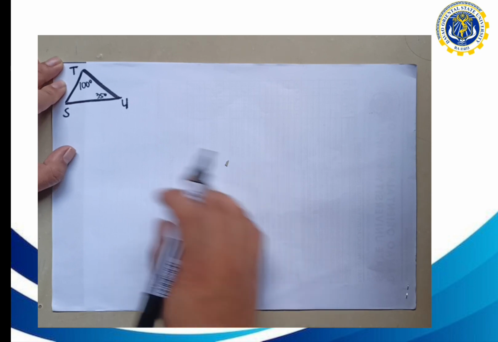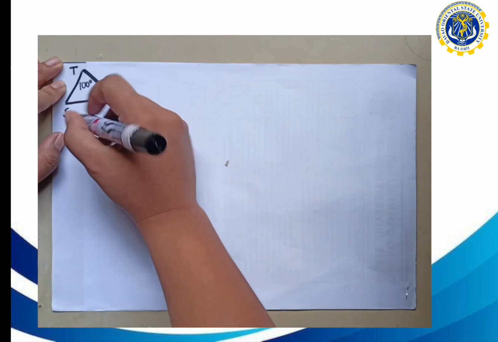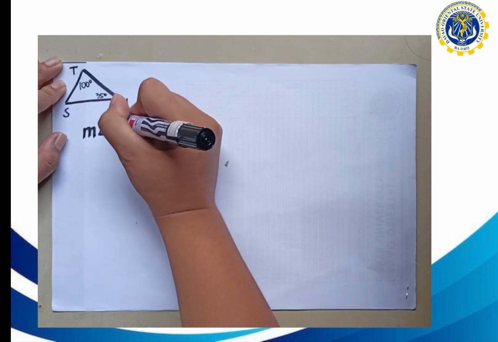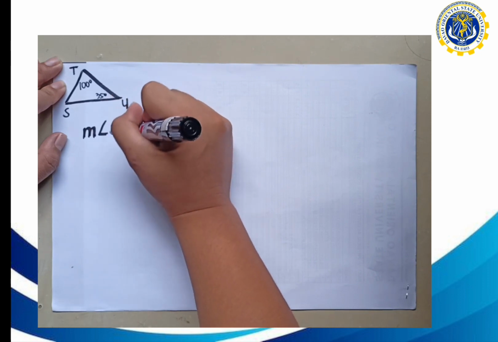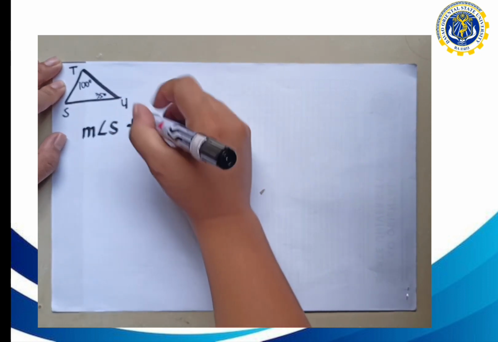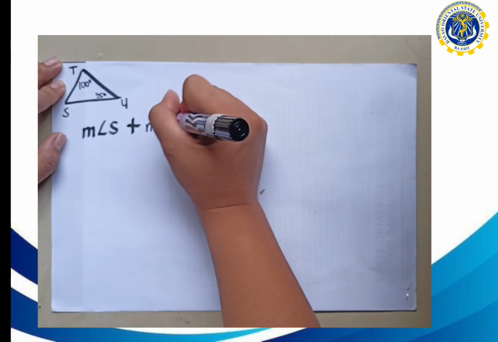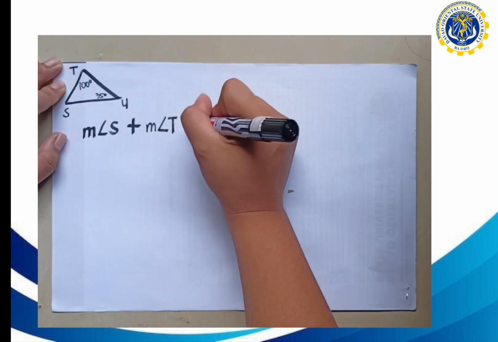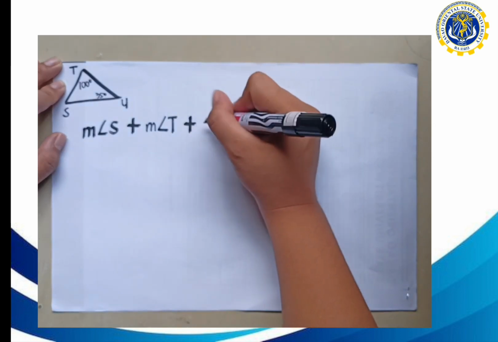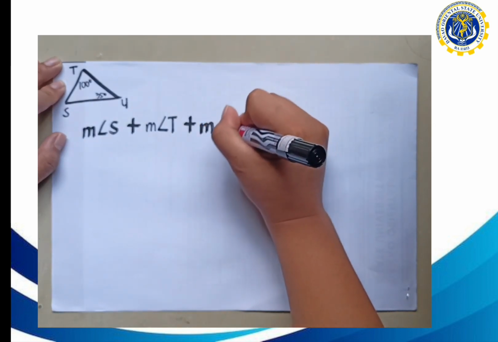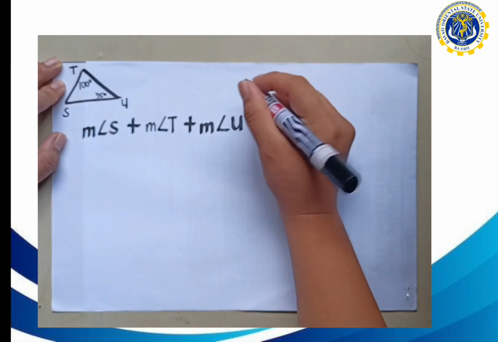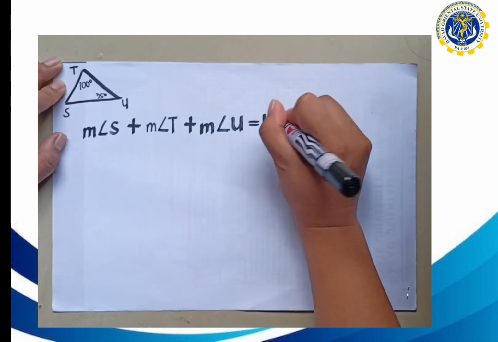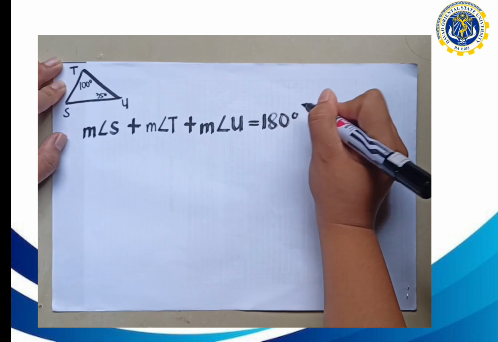So we have angle S plus angle T plus angle U, then is equal to 180 degrees.